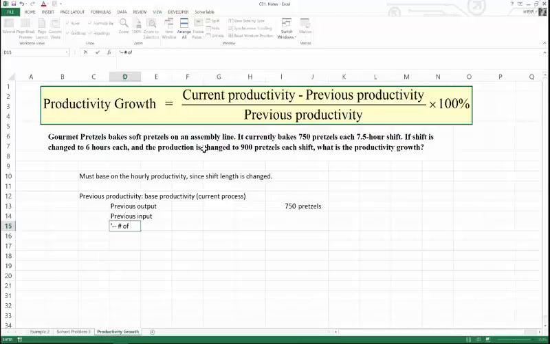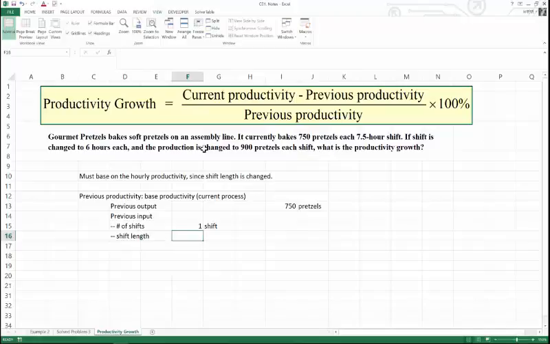So how many shifts are we considering here as the input? That is 1 shift. And then what is the shift length?